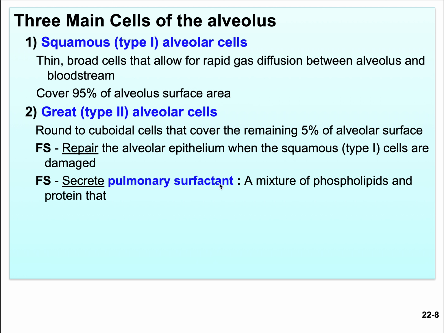Now, when you think about these flexible alveolar sacs, they have no internal skeleton or any form of support. The potential's there for these wet sacs to stick together. Imagine you've gone to Walmart and gotten those very, very thin plastic bags to bring your groceries home, and somehow there's wetness inside the bag.